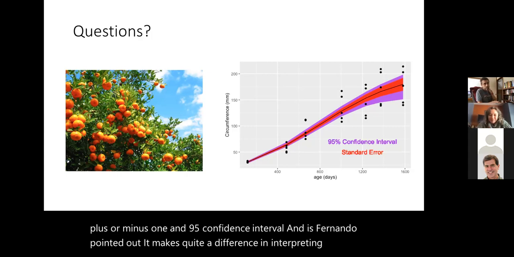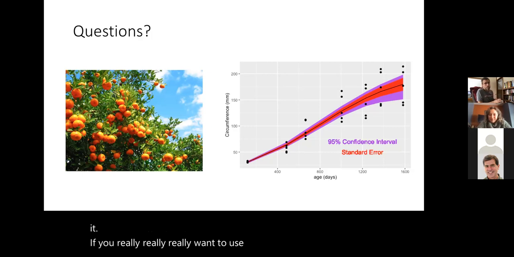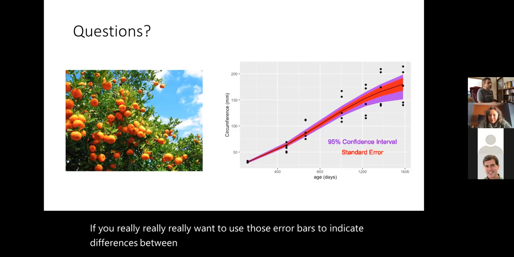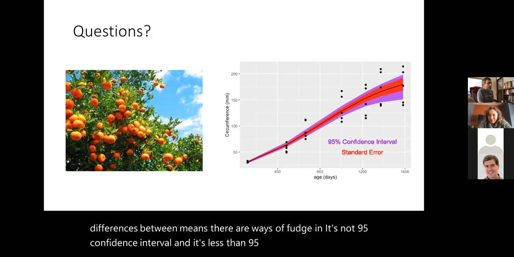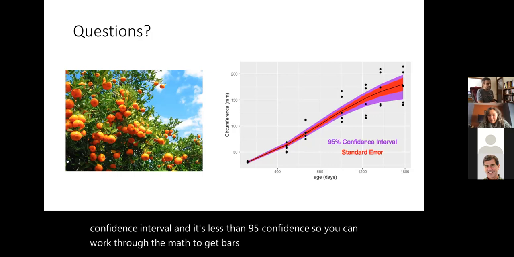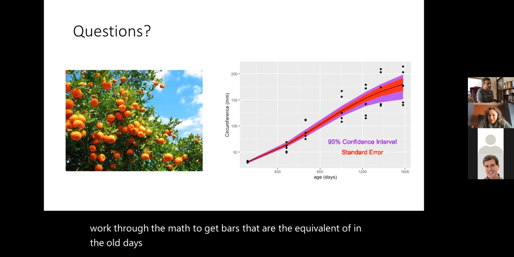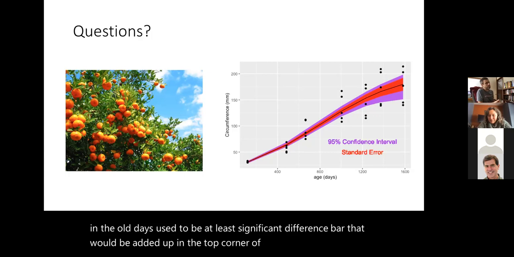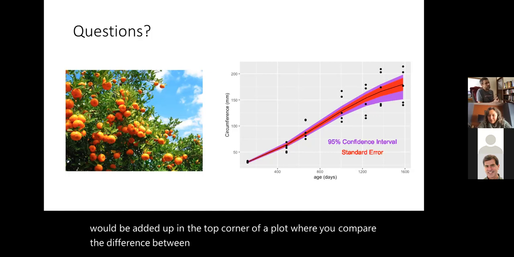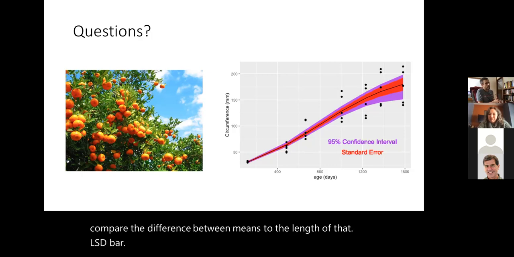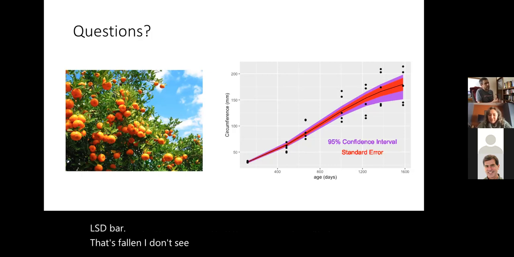If you really want to use those error bars to indicate differences between means, there are ways of fudging. It's not a 95% confidence interval, and it's less than 95% confidence. So you can work through the math to get bars that are the equivalent of what in the old days used to be a least significant difference bar that would be added up in the top corner of a plot, where you compare the difference between means to the length of that LSD bar. I don't see that being used nearly as much as you saw it 20 years ago.